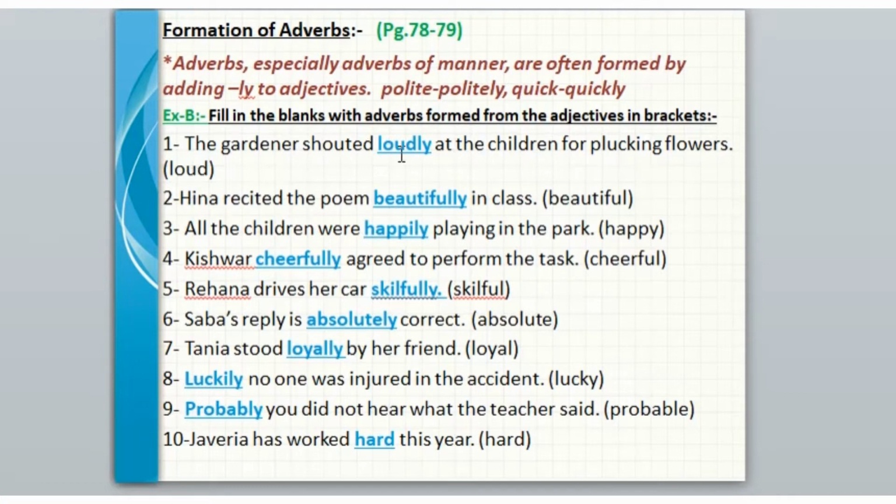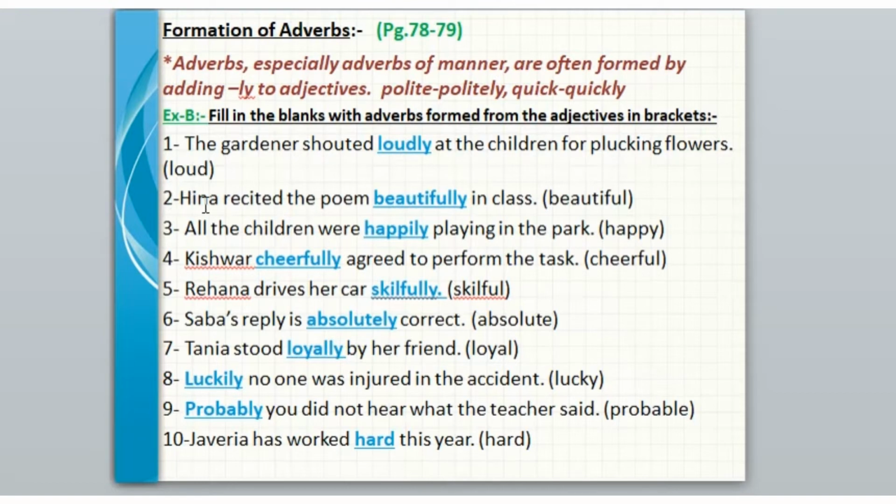You see, students, the blue color is used for your blanks. Whatever is given in the brackets, we have to change it into the adverb form and then put it in the blanks. So loud will become loudly. This is the adverb of manner. I also want my students to focus on positions. Shouted is the verb, and the adverb is placed after the verb.